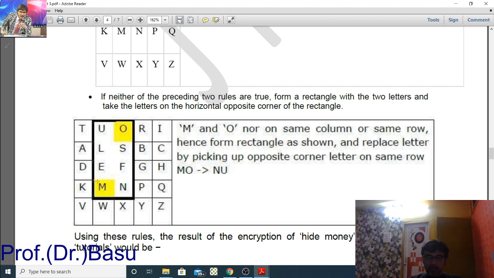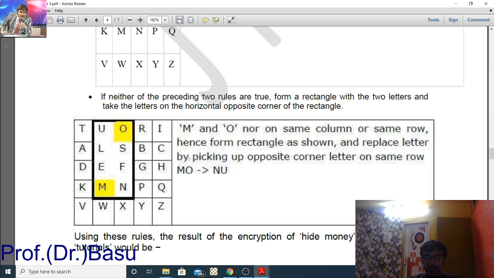From the rectangle we just replace the corner elements. M will be replaced by N, and O will be replaced by U. So these corner elements will be replaced by their opposite elements.